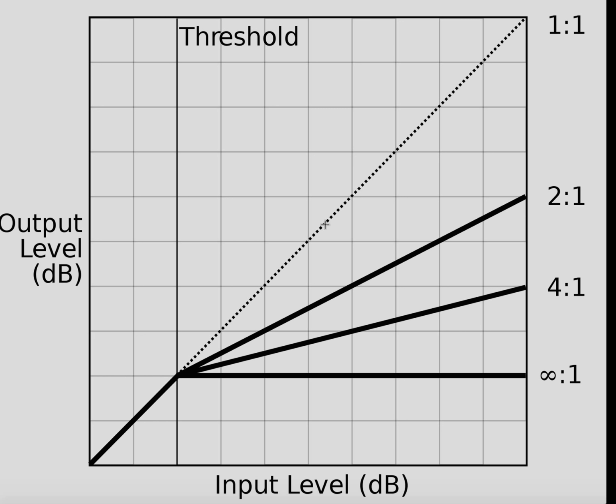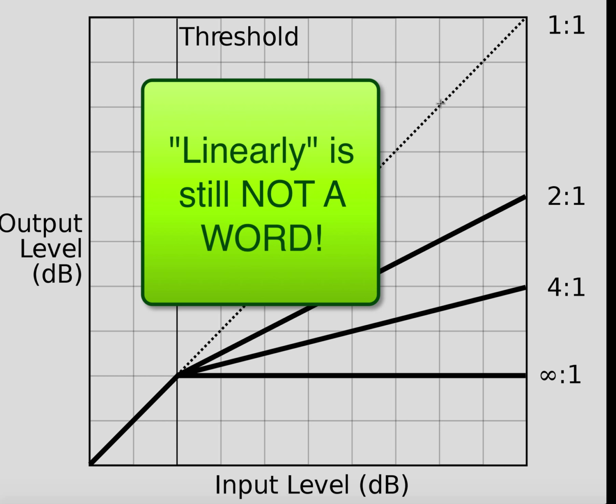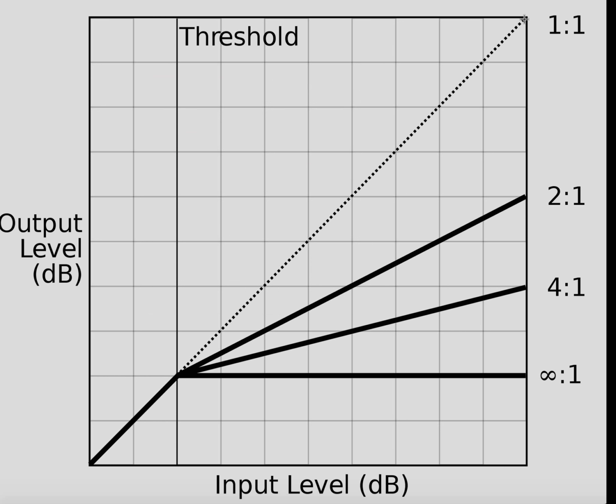And it continues, to quote my last video and my use of a non-word, it continues linearly up the graph, perfectly diagonally, to infinity. In the real world, it continues until the preamp on your board explodes, or your amplifier, depending which gives way first.